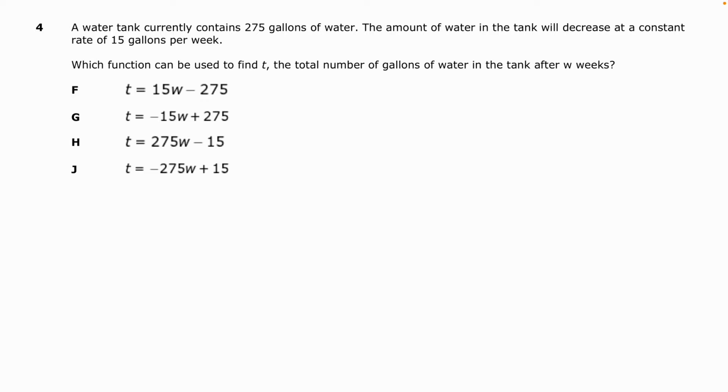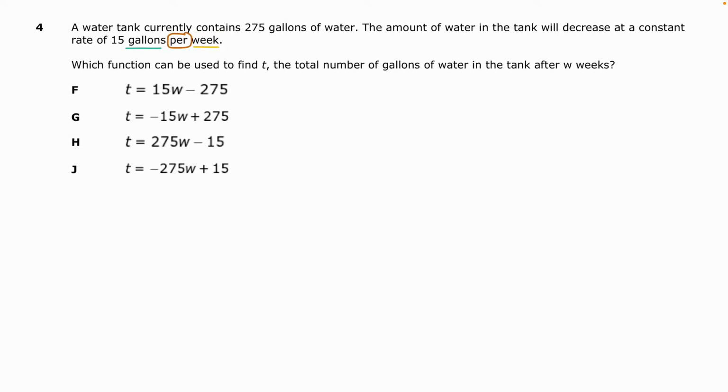That word is per. So that word per tells us that whatever is coming before it and after it are the two variables that we're going to use.